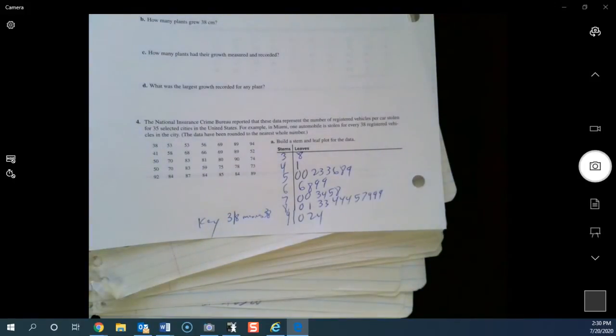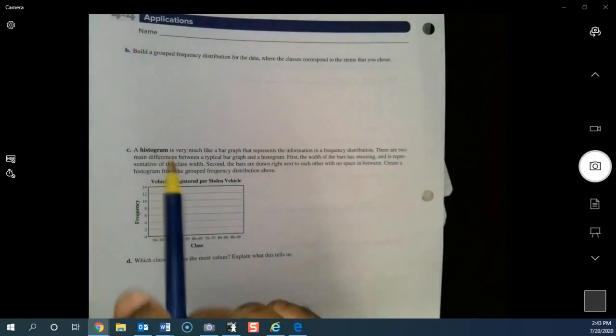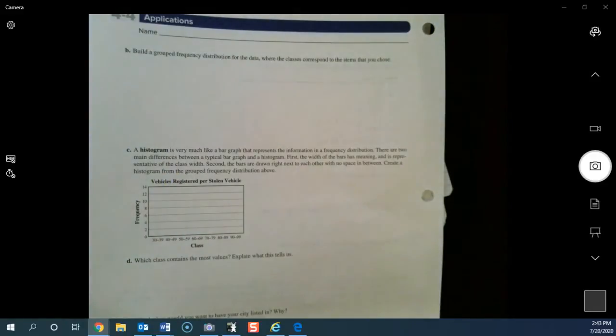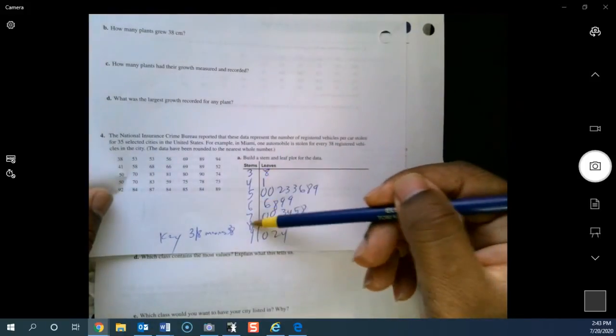Okay, now we'll move on here to 4B. It says build a group frequency distribution for the data where the classes correspond to the stems that you chose. If we look at the stems here from the previous page, we have 7 stems.